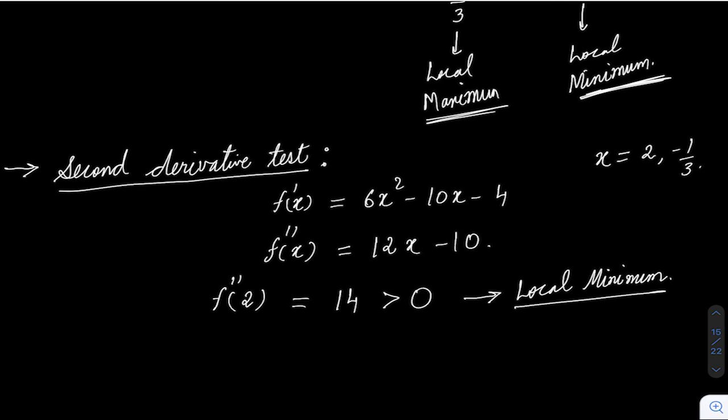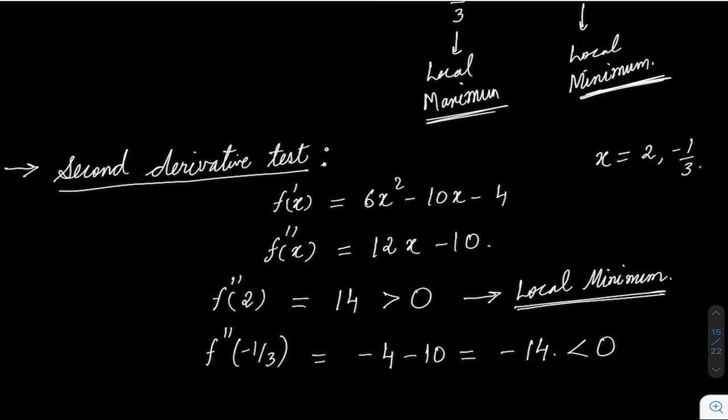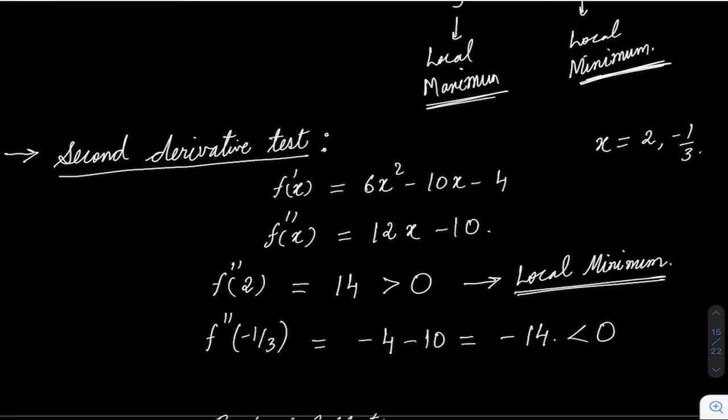Similarly, we will find f double dash of minus 1 over 3. It will be minus 4 minus 10, that is again minus 14. Minus 14 means less than 0, and less than 0 means local maxima. So this point is a local maximum.